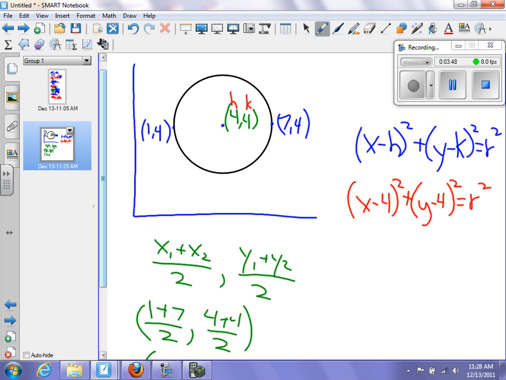I know it's on the same horizontal, so going from 4 to 7 is 3, or from 4 to 1 is 3. So r is equal to 3. So I have x minus 4 squared plus y minus 4 squared is equal to 9. And that is the standard form of the equation of this circle.